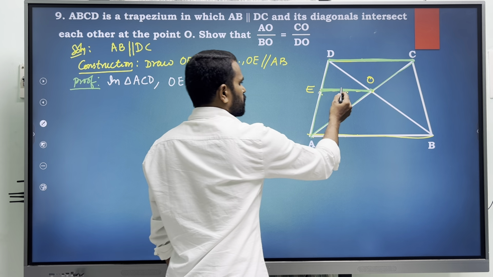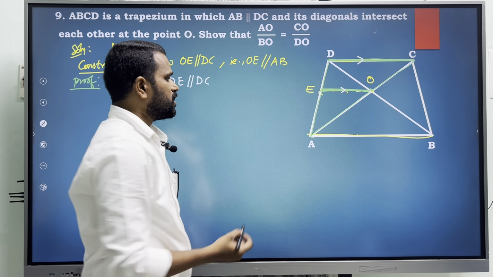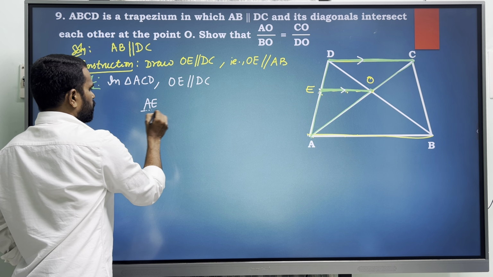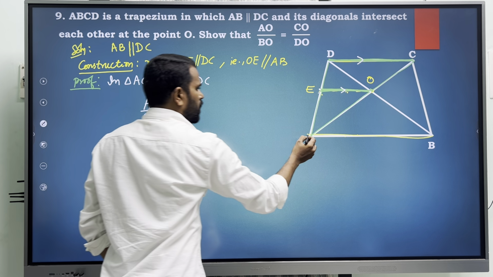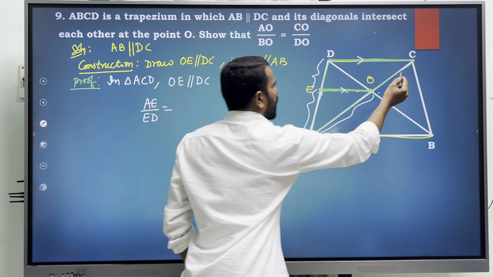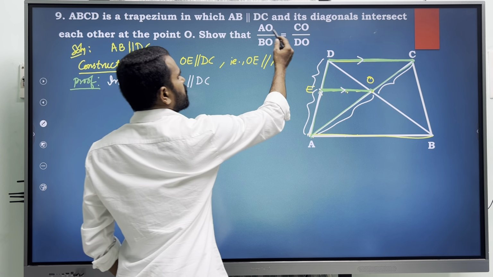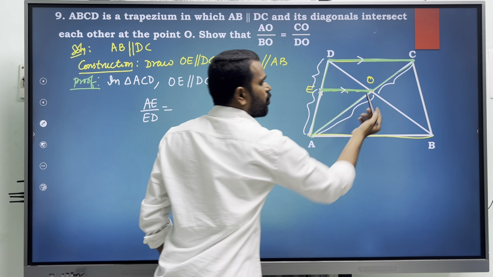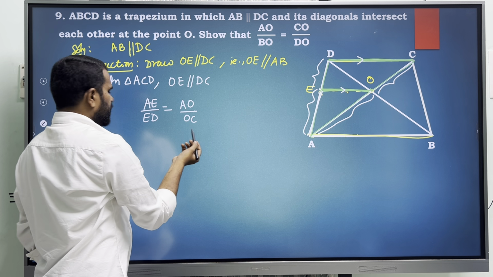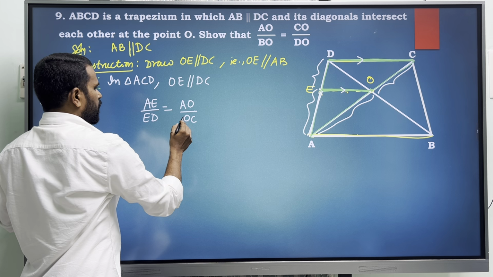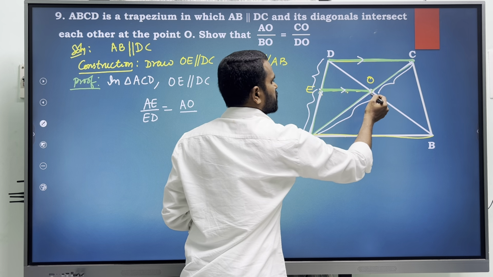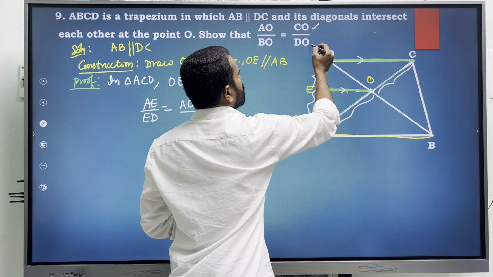If this is parallel, then by BPT, AE by ED is equal to AO by CO. I can take OC or CO, whatever it is, because the length OC or CO is the same. Here I am taking CO, DO, AO, BO.